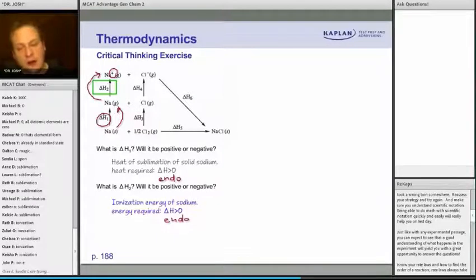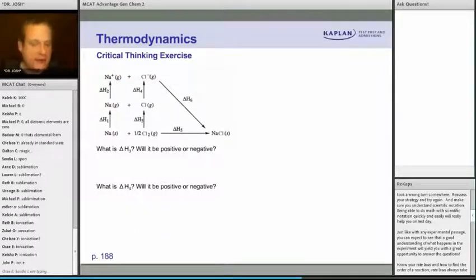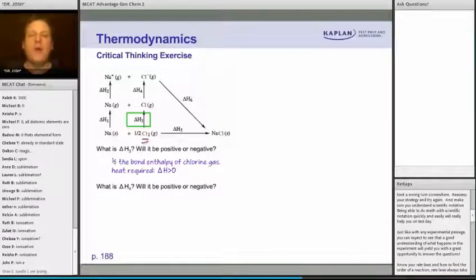And note, this is also endothermic. I have to add energy to yank off an electron. Doesn't matter that sodium's ready to give up that electron, it's still going to take a little bit of energy for me to yank it off. So that's what that is, ionization energy. So note, delta H1 and 2 are both endothermic. We're going to have to add energy to get solid sodium to the gaseous ionized form.